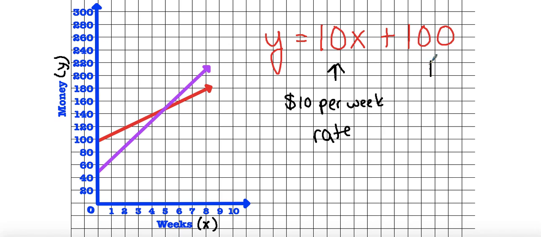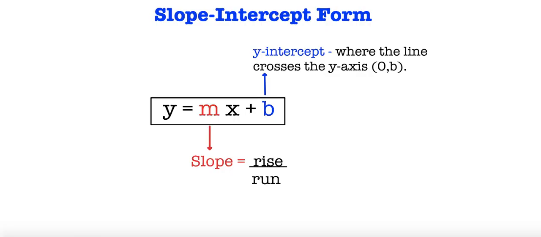And our 100 represents our initial value because it's the amount we started with. So I use the words rate and initial value because those are two words that you should be familiar with.